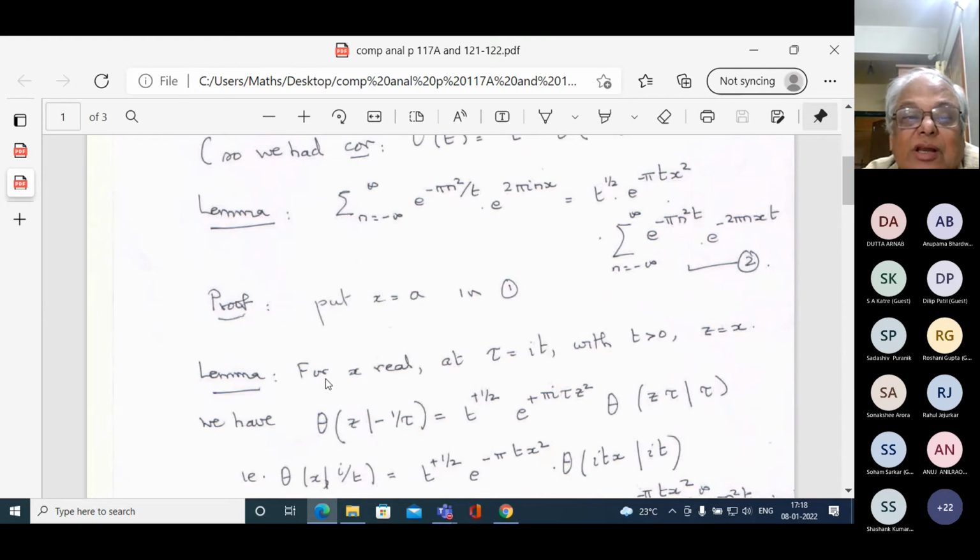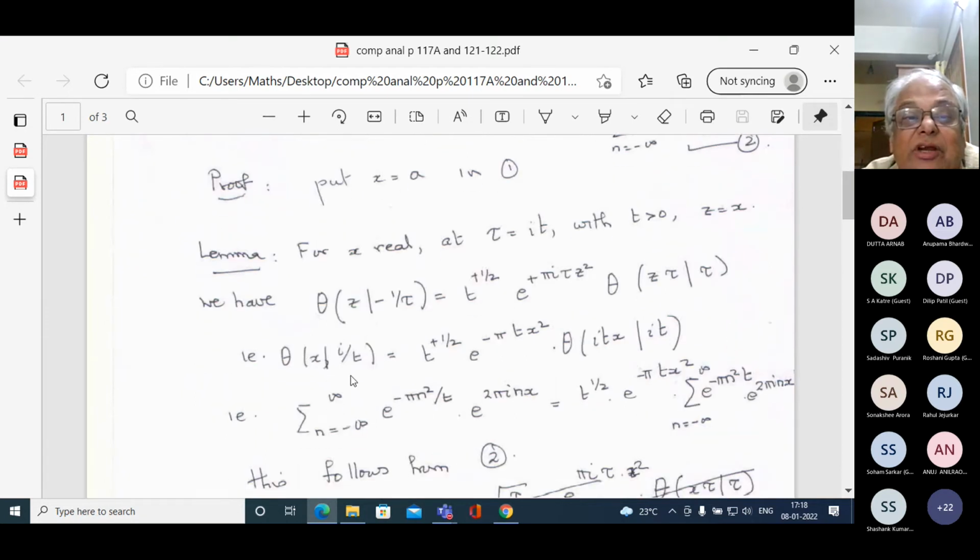So what is the lemma? I'm going to keep x real, and I'm going to put tau equal to it, where t is greater than 0. And I'm going to put z equal to x. The statement is about theta of z. Now remember, I'm changing tau to minus 1 by tau, and my claim is that this is equal to this. So what is happening?